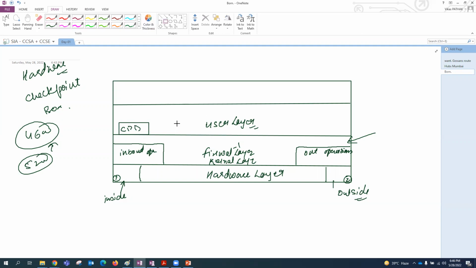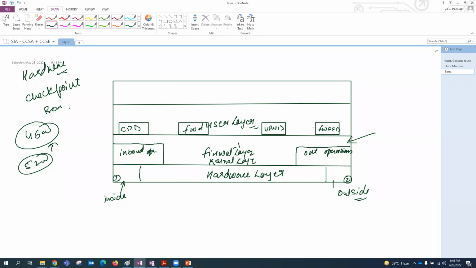Another is the FWD daemon. Like I mentioned earlier, the VPND daemon will also be in this user mode. Another one is FWSSD, the firewall secure shell daemon, which will also be here.